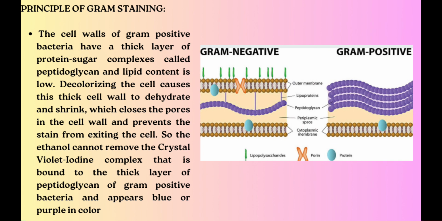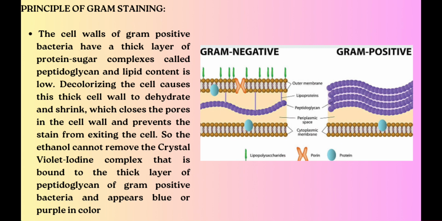Principle of gram staining. The cell wall of gram-positive bacteria has a thick layer of peptidoglycan and the lipid content is low. As we said before, the decolorizer acts as a dehydrating agent in gram-positive bacteria. So decolorizing the cell causes this thick cell wall to dehydrate and shrink, which closes the pores in the cell wall.